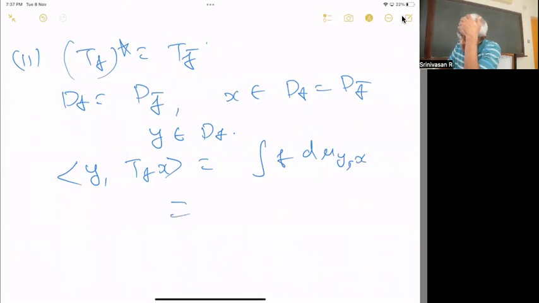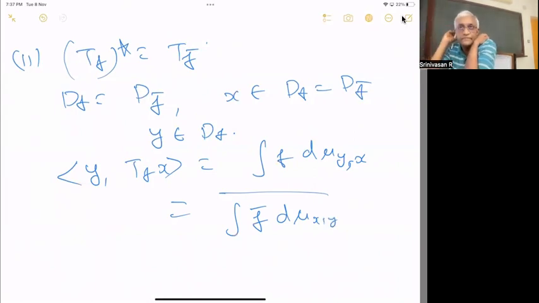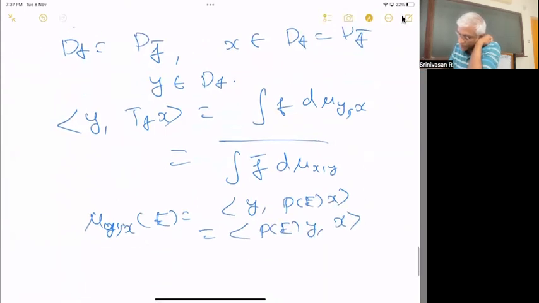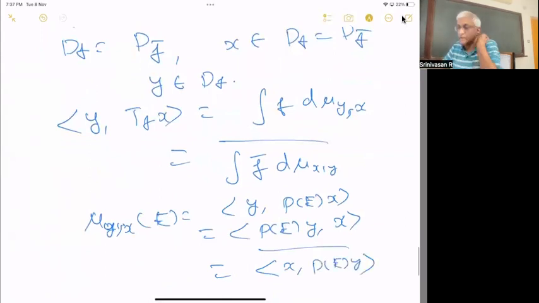Now this is equal to the conjugate of the integral of f bar d mu yx bar, which is d mu xy. Mu yx of any E is equal to the inner product of y with P(E)x, which is the conjugate of the inner product of x with P(E)y. So you are just integrating f bar with respect to d mu xy.